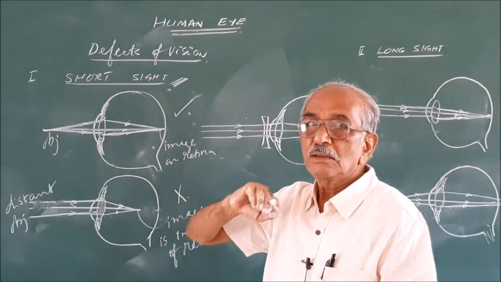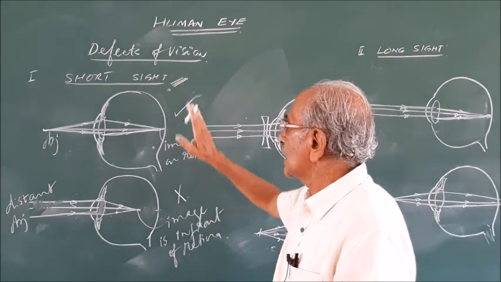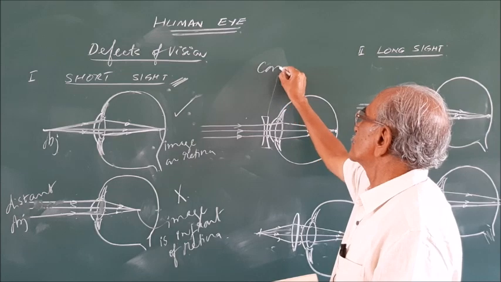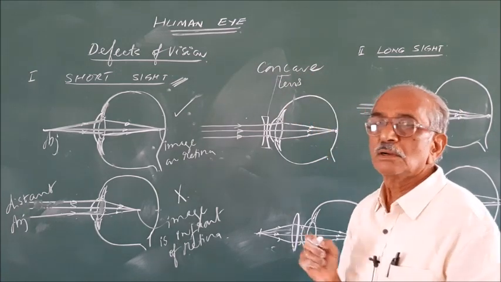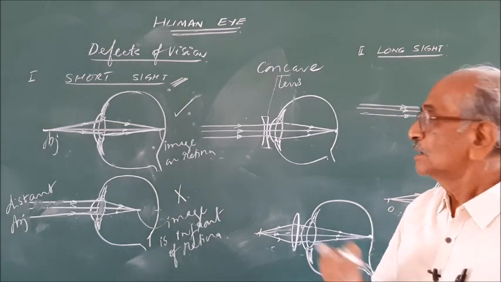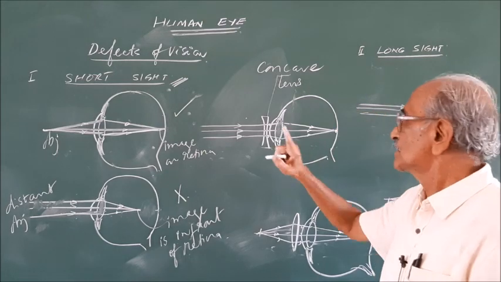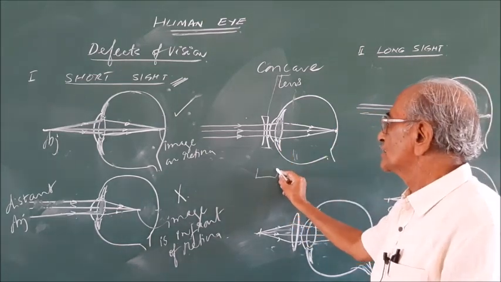Now that can be corrected, or the short sight can be overcome, by using a concave lens of suitable focal length along with the eye lens. So there is a lens combination here. The two together act as one lens.